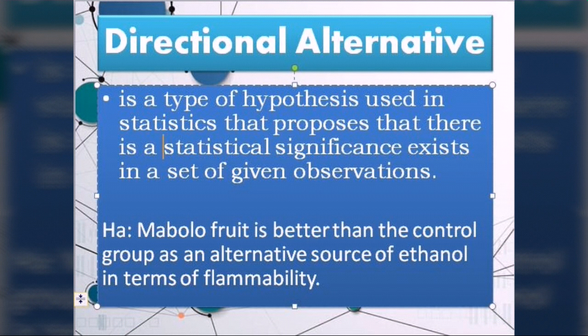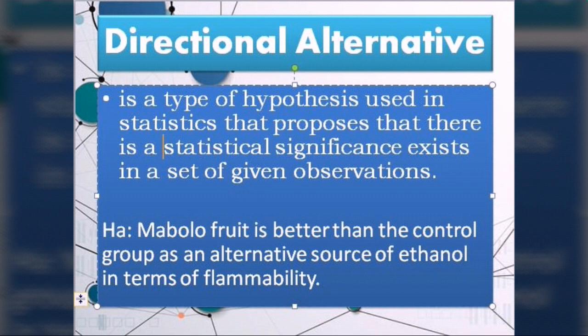In contrast to the non-directional alternative hypothesis, a directional alternative hypothesis specifies the direction of the tested relationship, stating that one variable is predicted to be larger or smaller than the null value. So in our example, mabolo fruit is better than the control group.